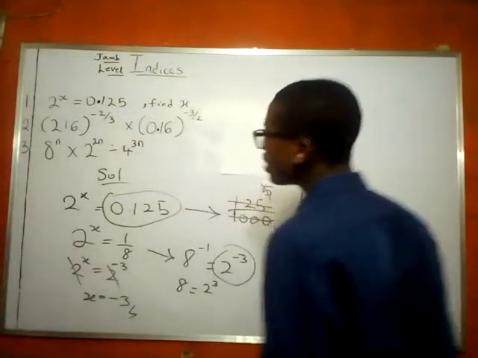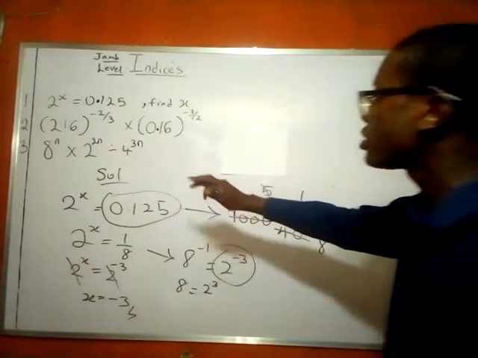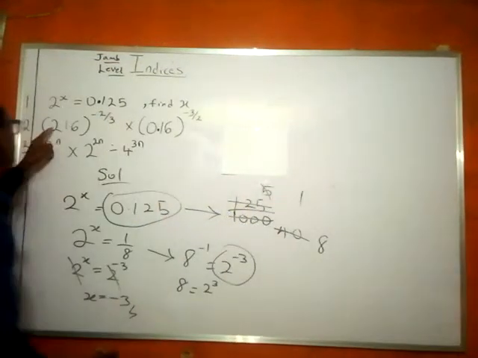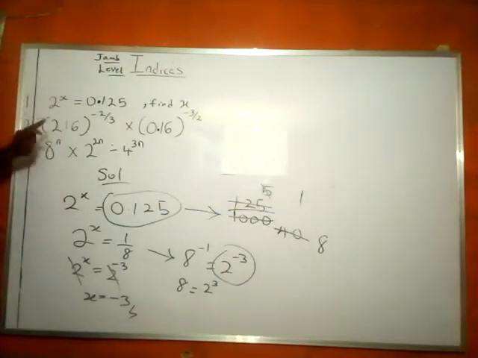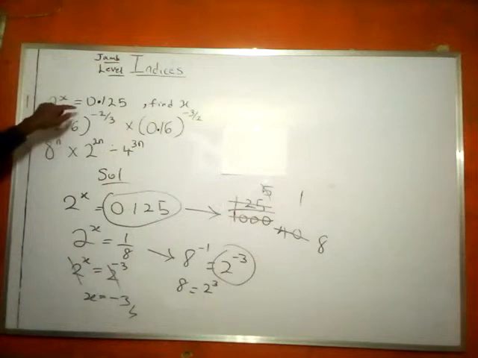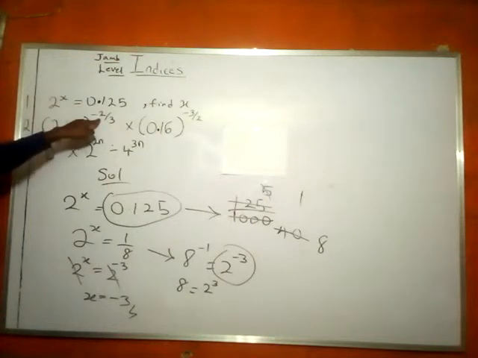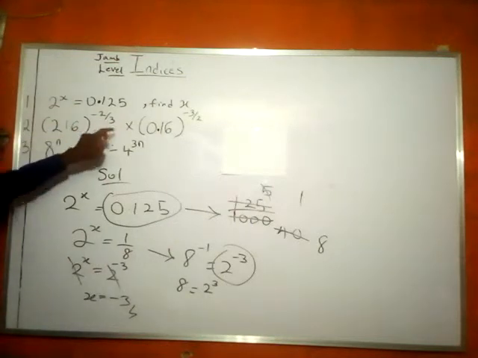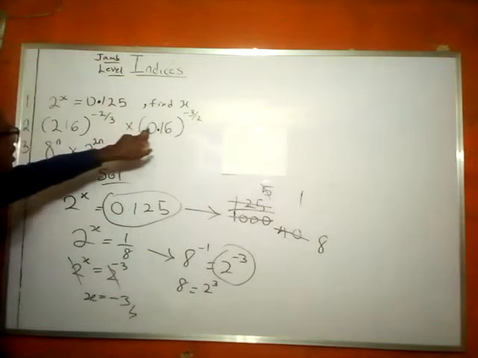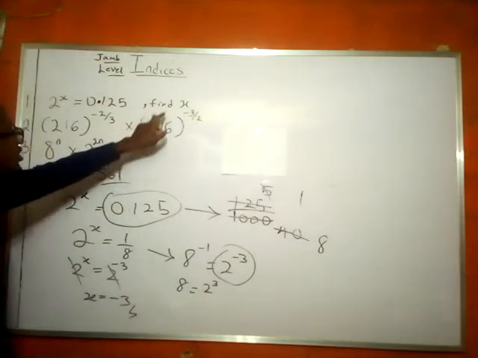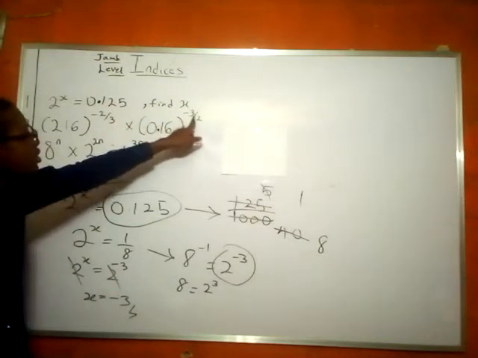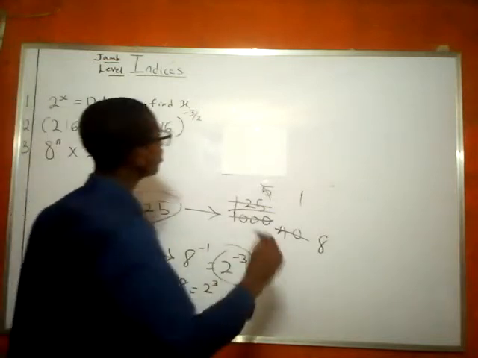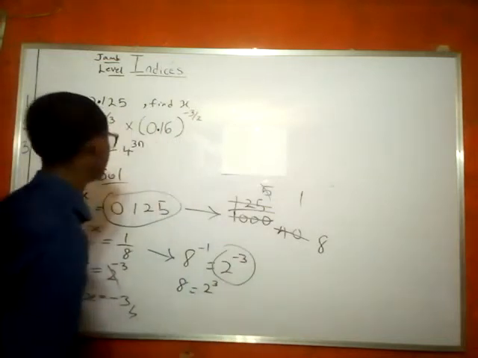So let's solve the number 2 question, which says open bracket 216 close bracket raised to power minus 2 over 3 multiplied by open bracket 0.16 close bracket raised to power minus 3/2. So let us solve that question.